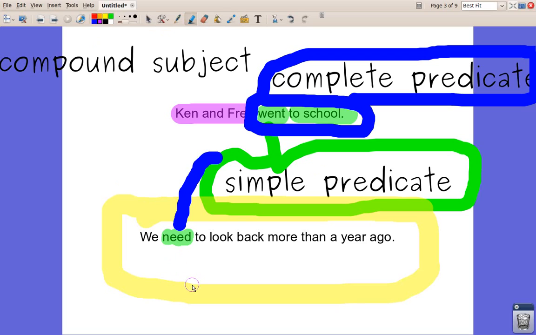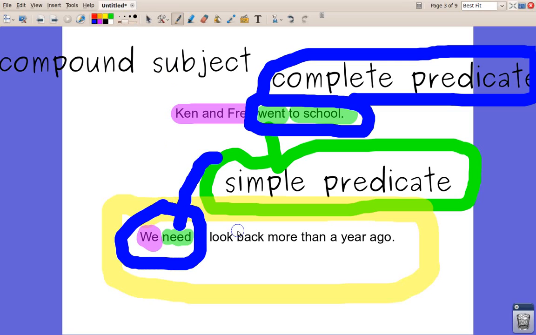Who needs to do something? Well, in this case, it's we. We need to do something. So if we took just that part by itself, just we need, that is a grammatically complete sentence. Everything else is just extra information. Of course, that extra information is what makes us able to communicate.